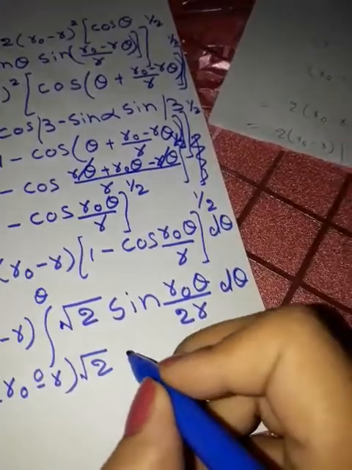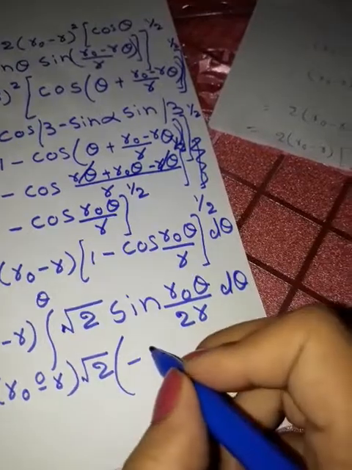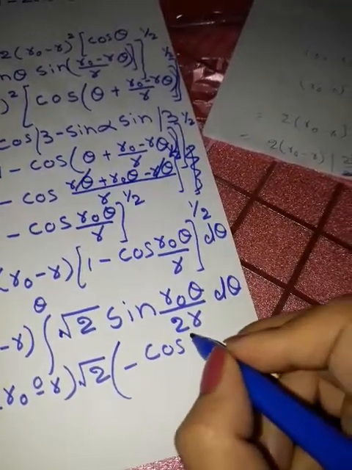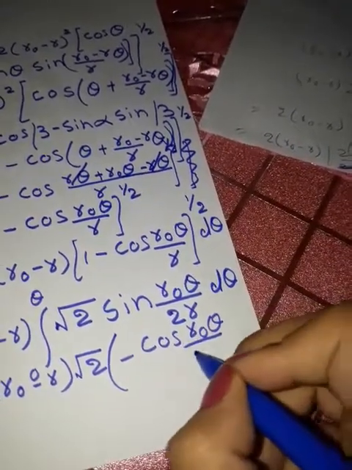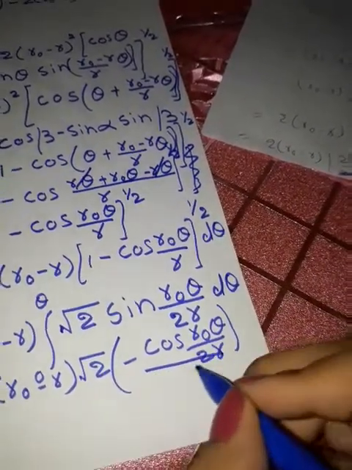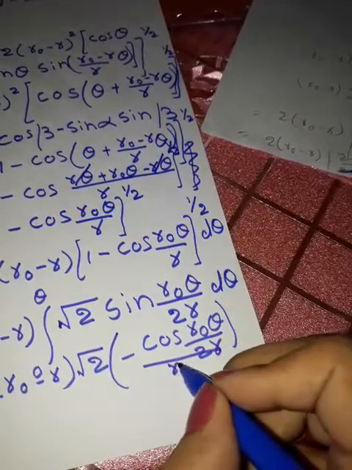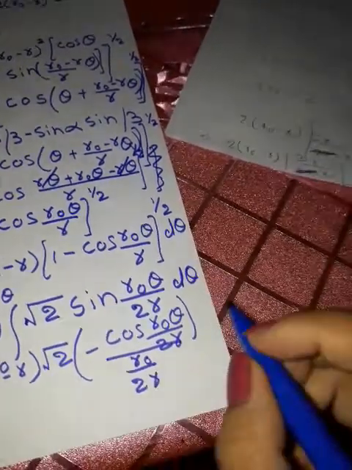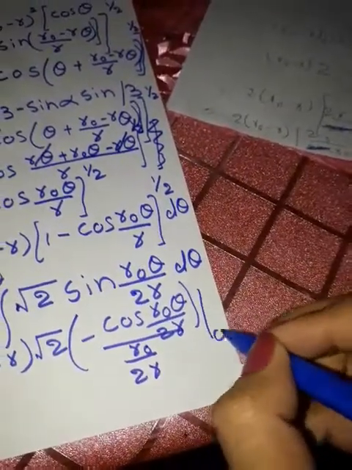So I have here minus cos of r naught theta divided by 2r, divided by the constant term, that is r naught divided by 2r, and limits are 0 to theta.